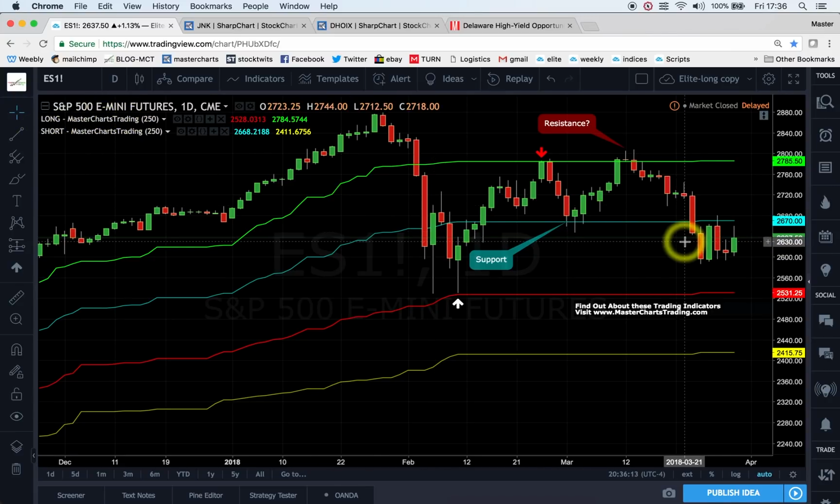Currently I'm seeing a minor support break, and so far, for example, on the 27th of March, we can see a resistance manifest itself. Ideally, I would like to see a close above this blue line, something similar to what happened back on the 6th of February, and then a push higher.